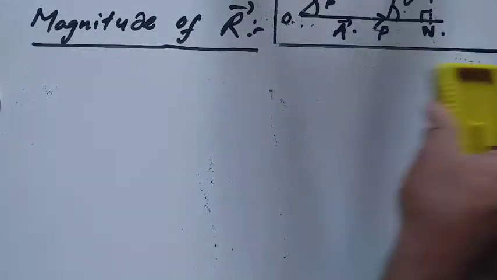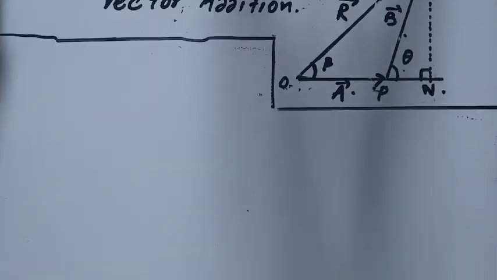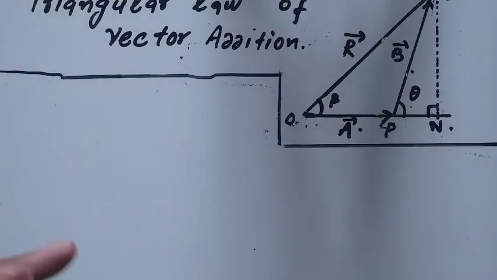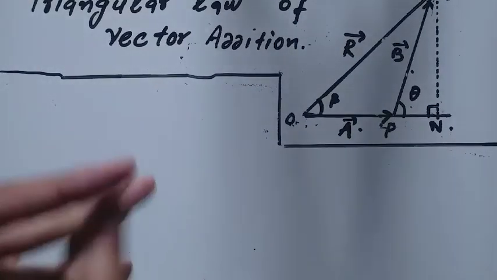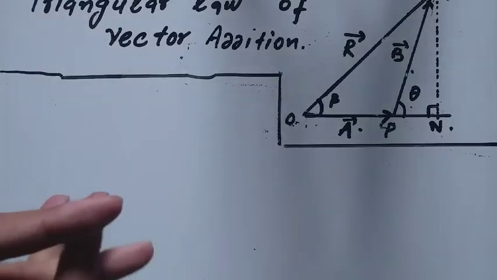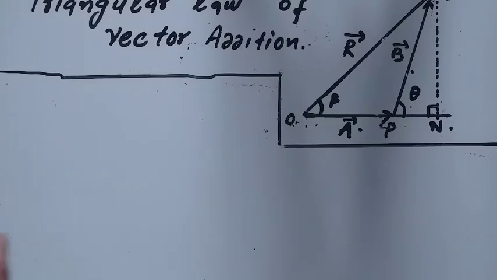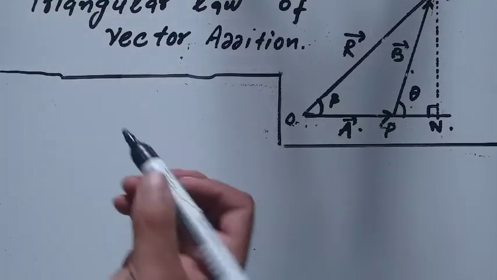We discussed this already, that both the triangular law of vector addition and the parallelogram law of vector addition give us the same values. This is our choice, which one we want to choose in order to find the result of any numerical.